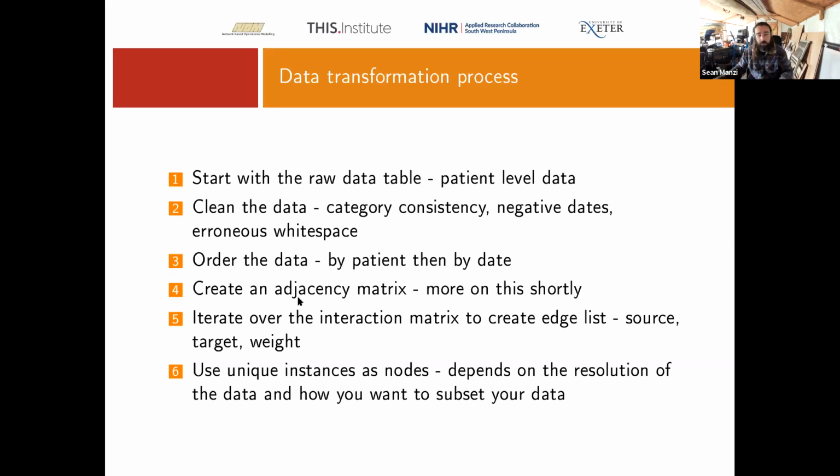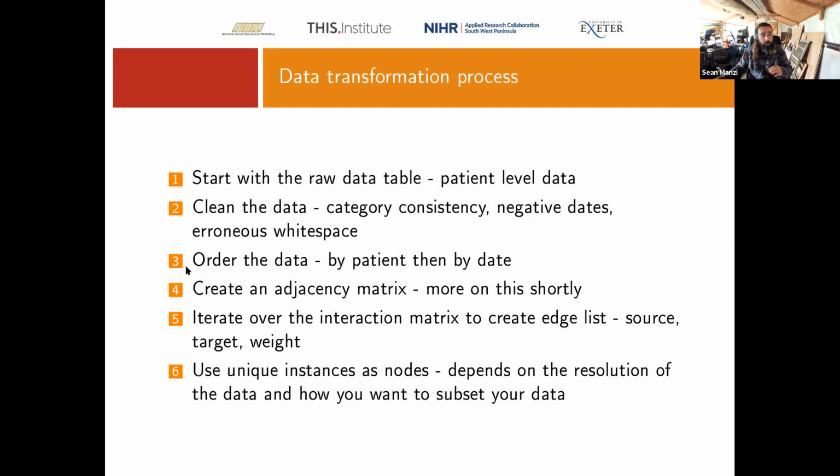Because from that, we can go through and create what's called an adjacency matrix. I will show an example of this and explain a little bit more shortly, as it's much easier to explain with a visual.